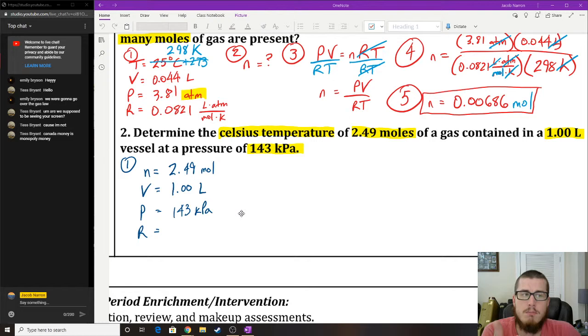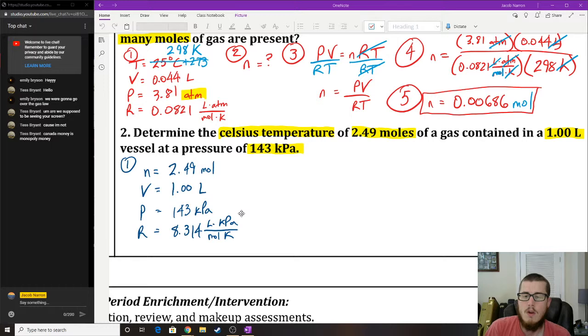Moles are always going to be measured in moles. In this class, volume is always going to be liters. The one thing that changes is pressure. So if you look at your list of gas constants, is there one that has kPa in it? Yes, there is, and it's this one right here. 8.314 liters times kilopascals over moles Kelvin.